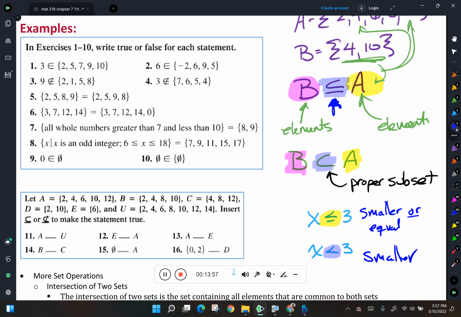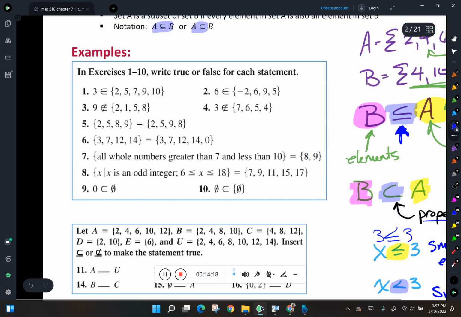They could be equal sets, and that wouldn't violate the rule. Just like we could say that 3 is less than or equal to 3. The second one, the proper subset notation, says that B has to be smaller than set A. There have to be elements in A that are not in B. Okay? All right, let's take a look at some examples over here.